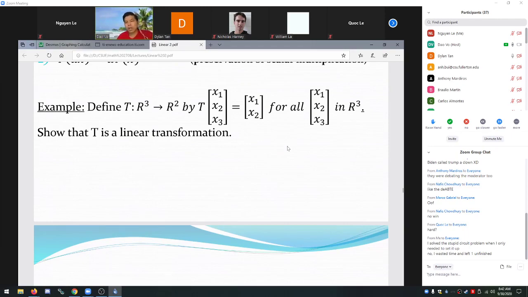The transformation goes from 3-dimensional into 2-dimensional: when you take x1, x2, and x3 back to 2-dimensional, you drop the third component, so you only have x1 and x2. Now we're going to try to prove whether it is a linear transformation.